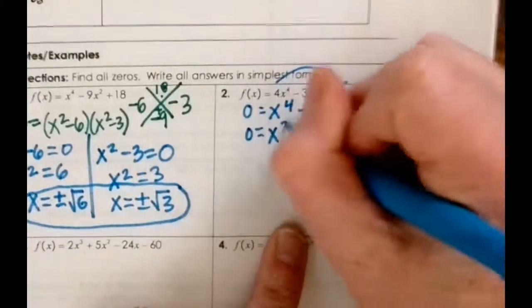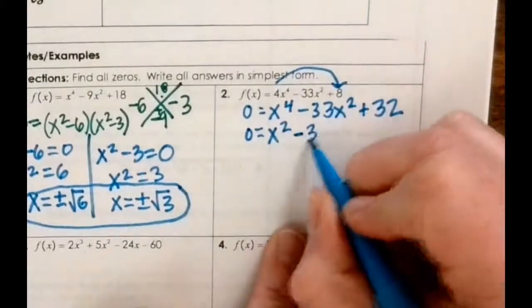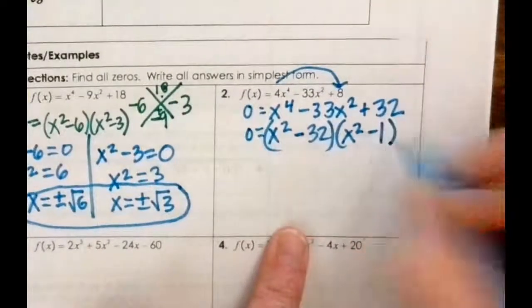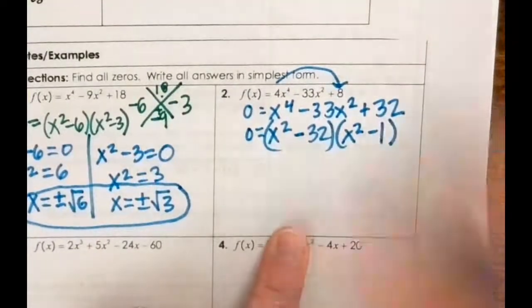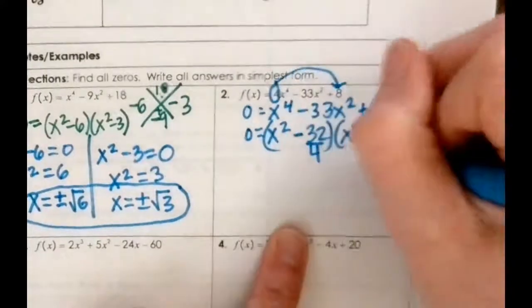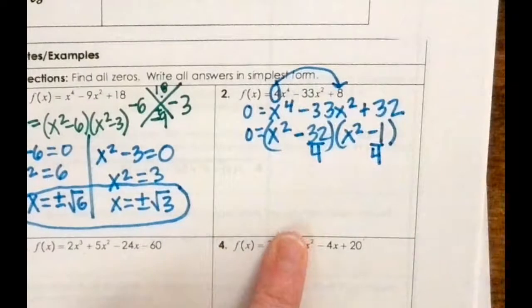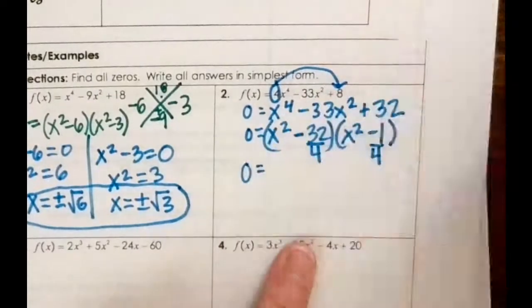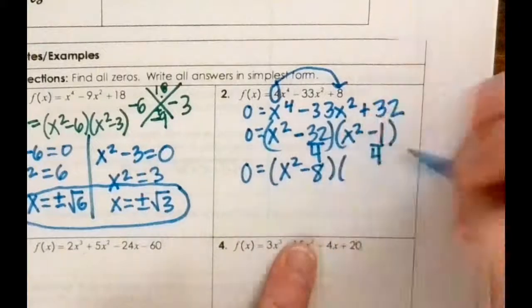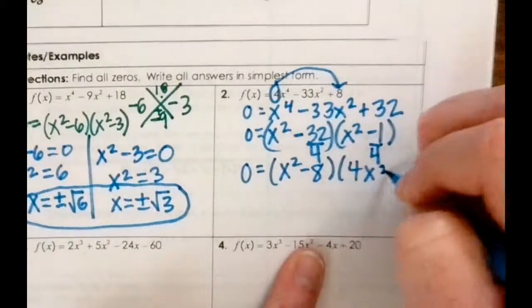So x squared minus 32 and x squared minus 1. Okay, then we slid the 4 back, so let's divide it. So this will factor 2. 0 equals x squared minus 8 times 4x squared minus 1.